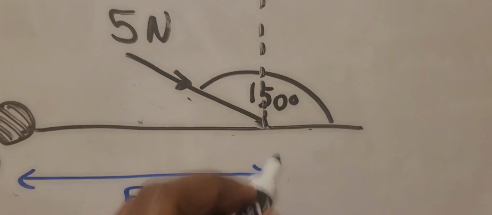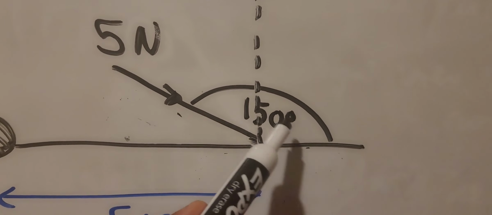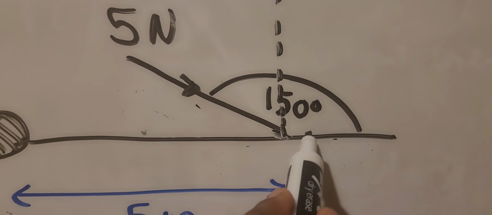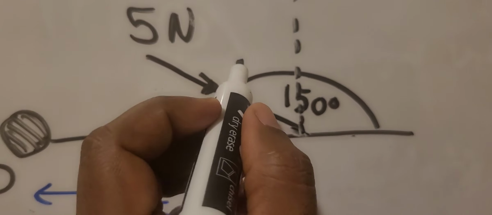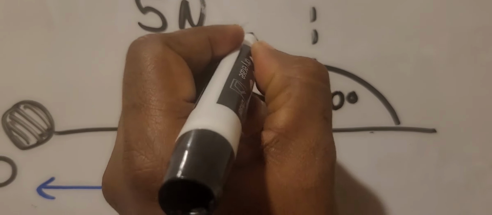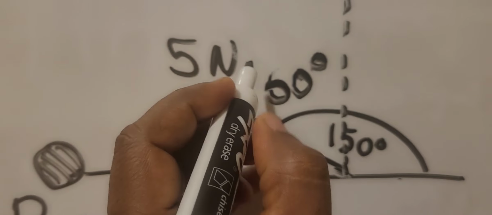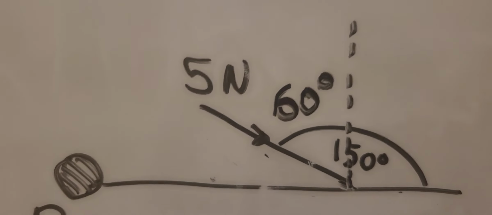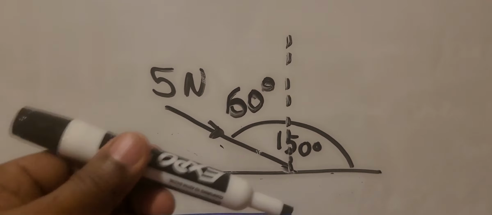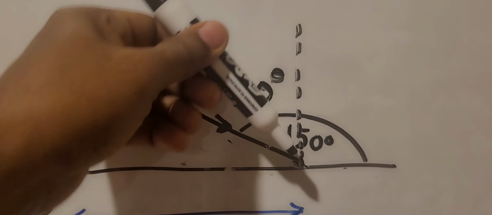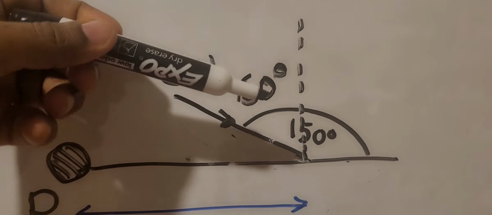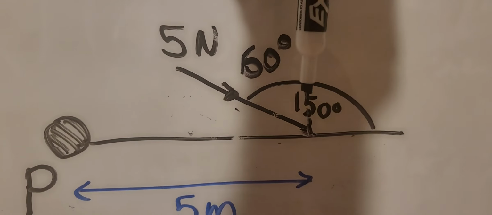I'm going to draw a perpendicular line. So that's 150. If this is 90, then what's this angle? That angle is going to be 60 degrees. You need to remember your basic math. That's 60 degrees.